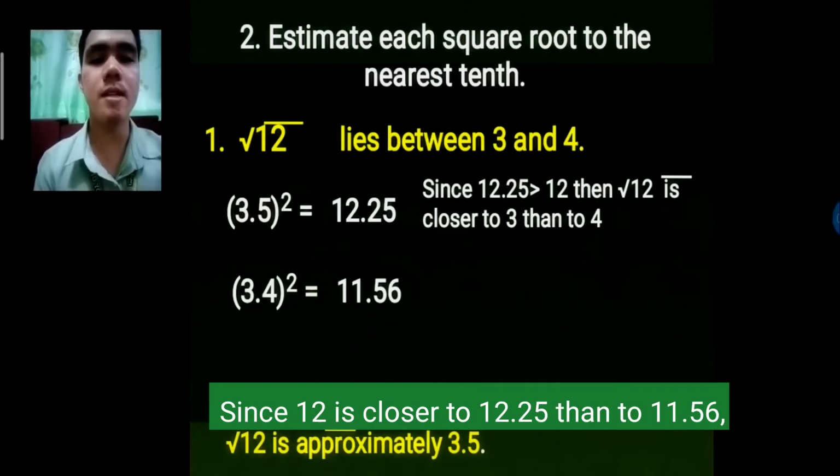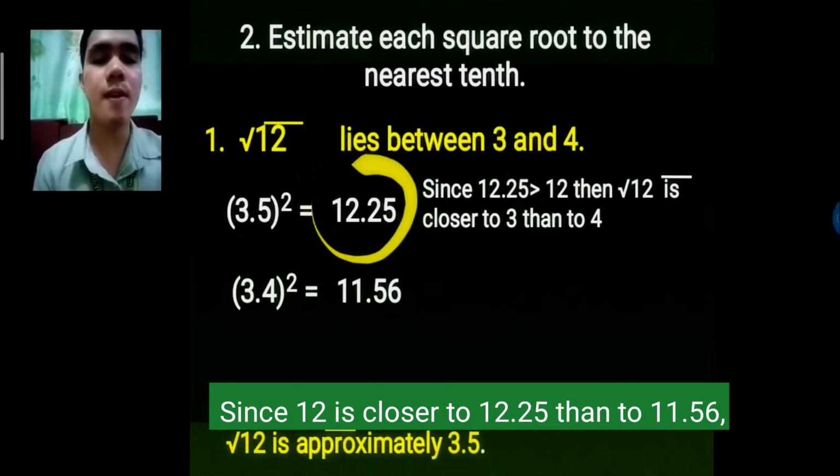So when we subtract 12 from 12.25, that is 0.25. And when we subtract 11.56 from 12, that is 0.44. So 0.25 is less than 0.44.